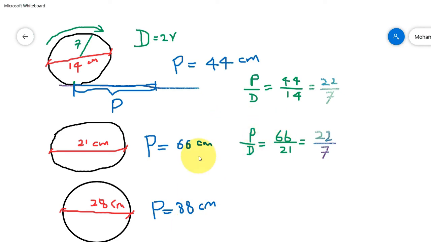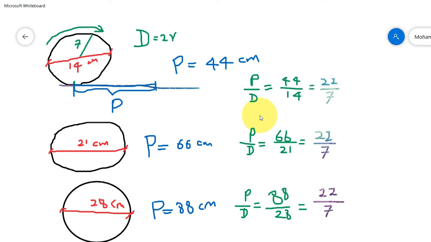Similarly, for this one, the perimeter over diameter ratio: my perimeter is 88, my diameter is 28. I can simplify by 4. If I simplify 88 by 4, I get 22, and 28 by 4, I'll get 7.